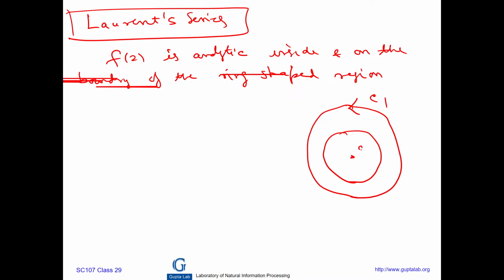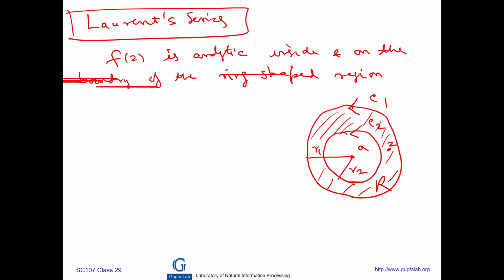C1, so suppose this is A, this may be radius R1, this may be radius R2, right? This is C2, this is region R, and z is a point, suppose here. So f of z is analytic inside and on the boundary of the ring shaped region R.